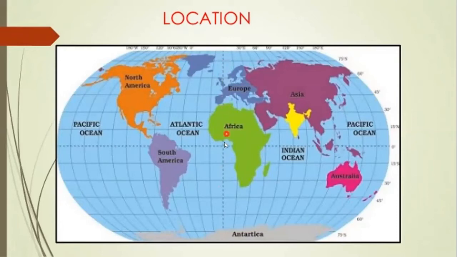So this divides the earth into 2 parts. This entire thing is the east hemisphere, and this entire thing is the west hemisphere. Similarly, this line divides the earth into 2 parts. This is the north hemisphere, this is the south. So we lie in the northeastern hemisphere on the earth.